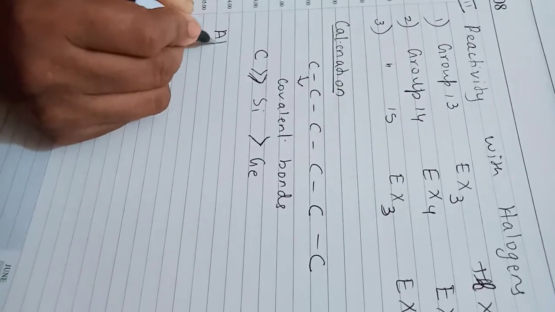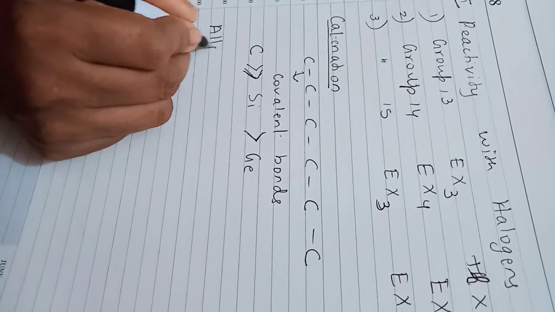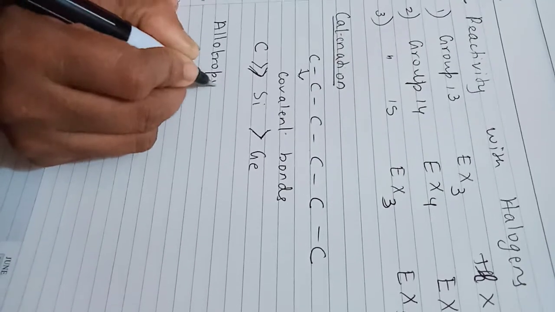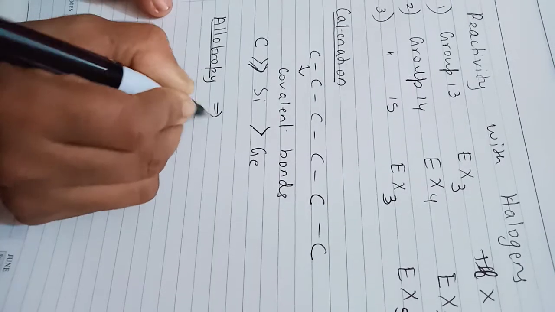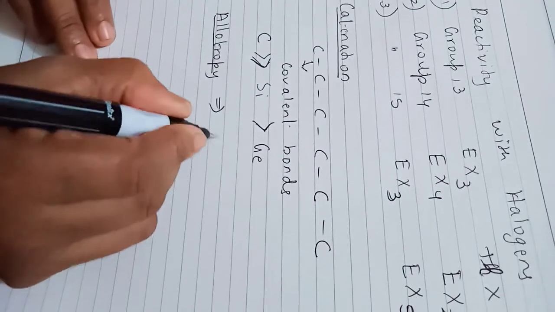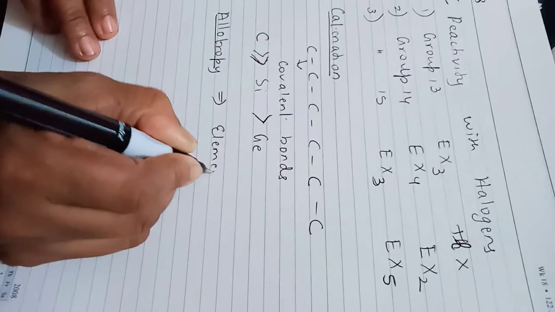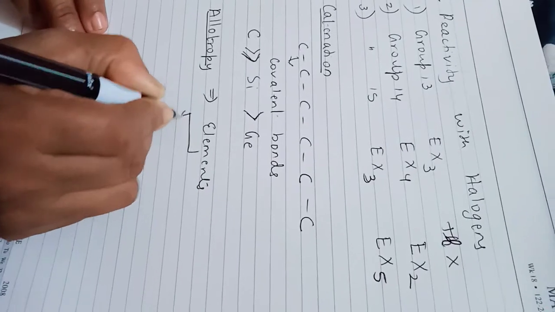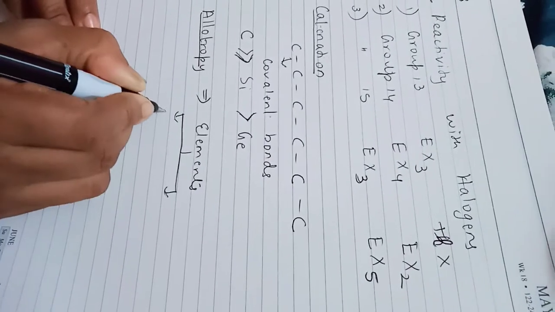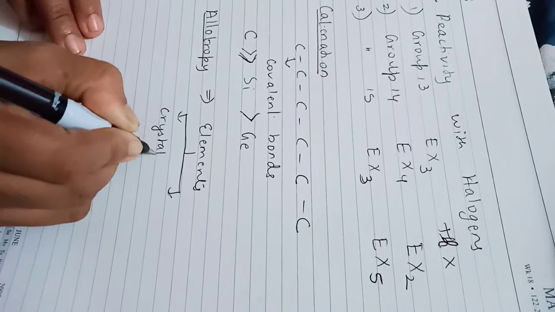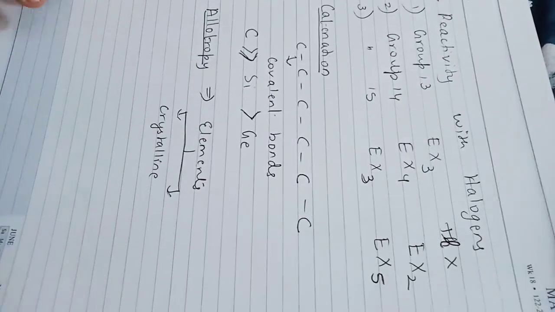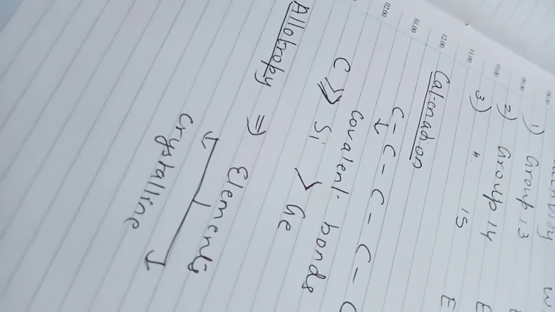Next is something called the property of allotropy. What is allotropy? One single element exhibits different crystalline forms, with different physical properties like color, density and MP.